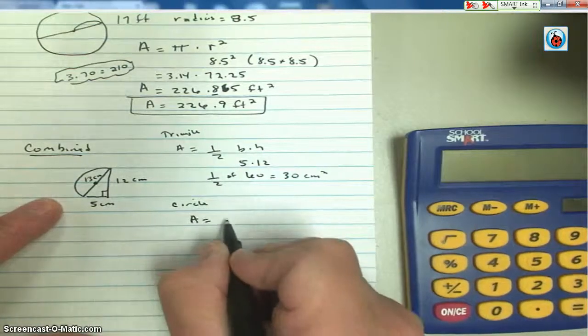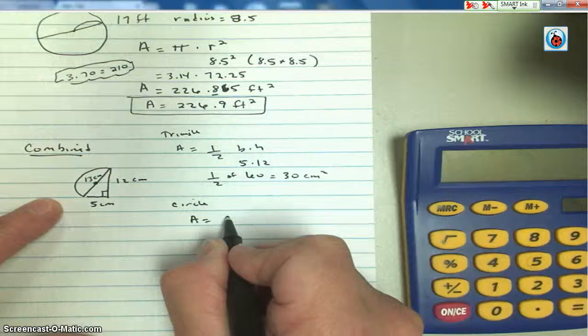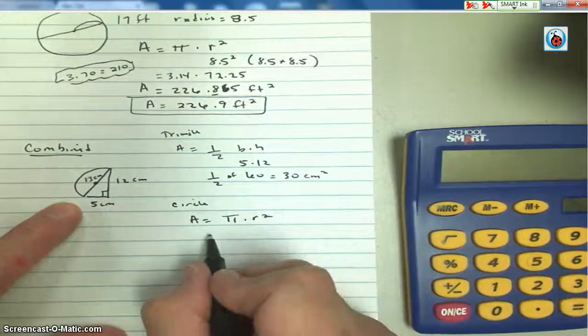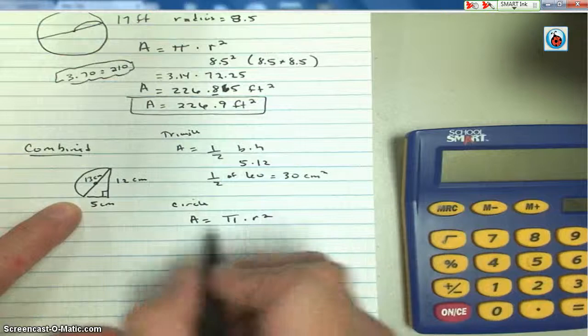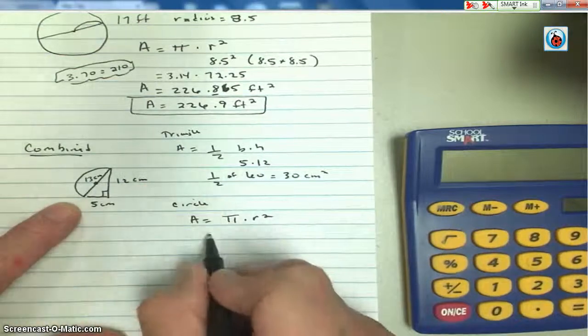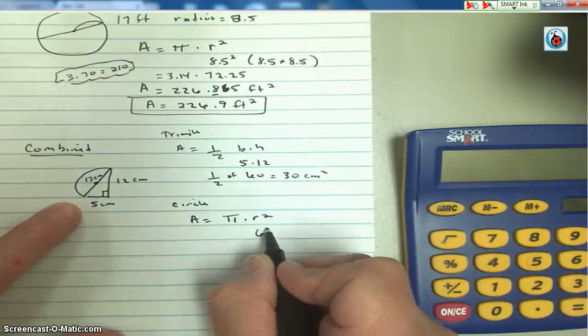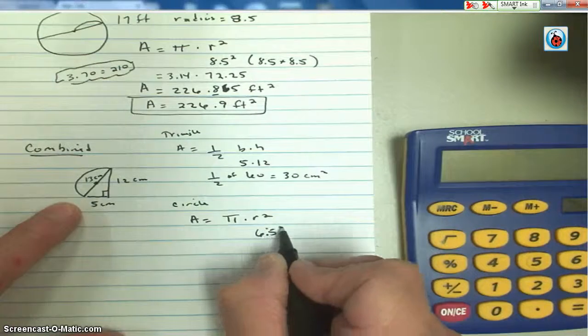So the area of a circle, of course, is pi times radius squared. And the radius of this circle, because it'd be half of 13, would be 6.5, or 6.5 squared.